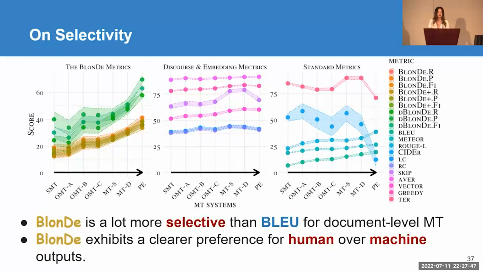Another key difference between the embedding-based or training-based metrics and BlonDe is that BlonDe is super simple. It's really just an extension of BLEU, which is why I say BLEU a lot: it does not involve training, so it's pretty much standardized.